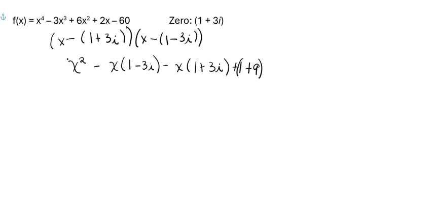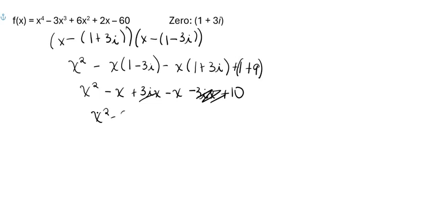When I simplify, I get x squared minus x plus 3ix minus x minus 3ix plus 10. The negative 3ix and the positive 3ix cancel each other out, so I'm just going to cross them out here. Sorry, my pen is not working right. When I collect like terms, I get x squared minus 2x plus 10. That is one of the quadratic factors of this original polynomial.